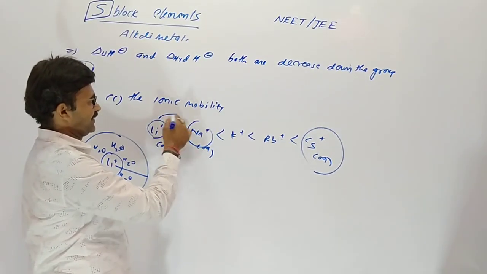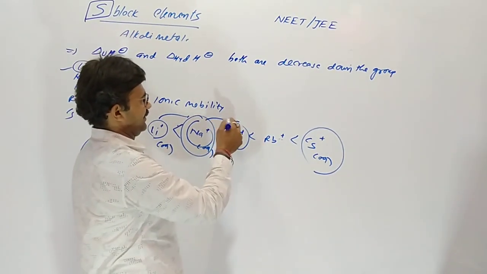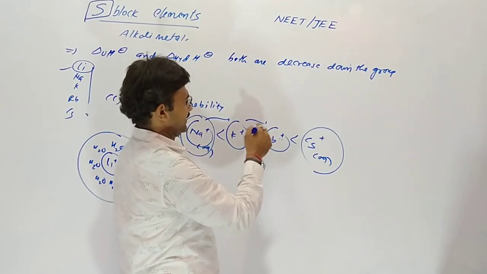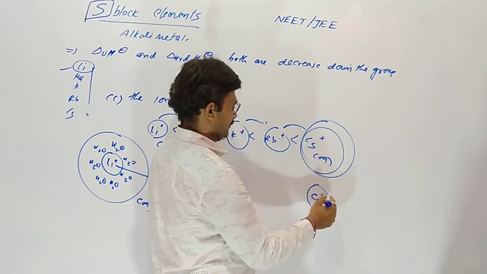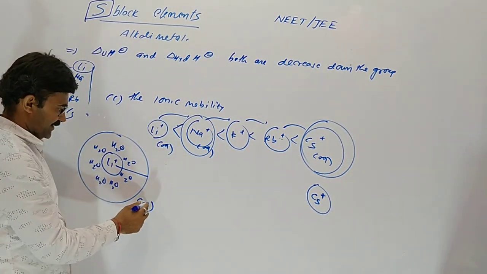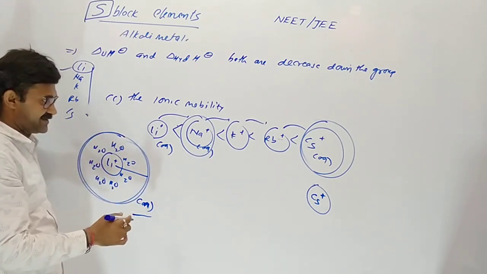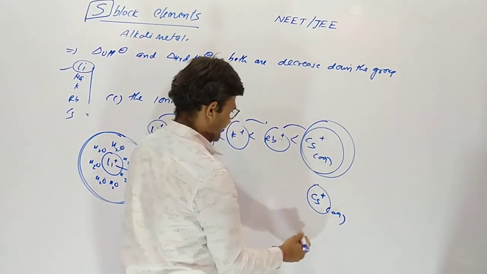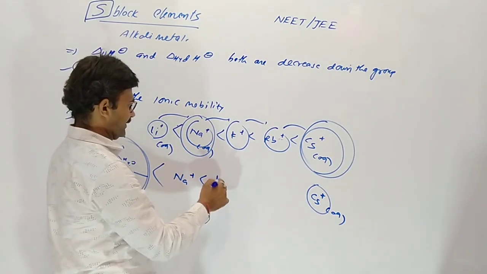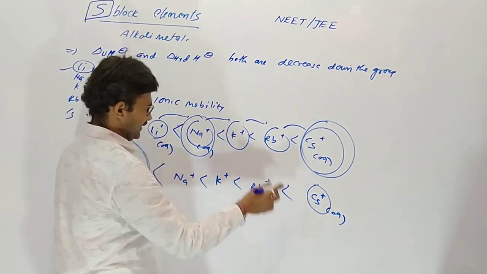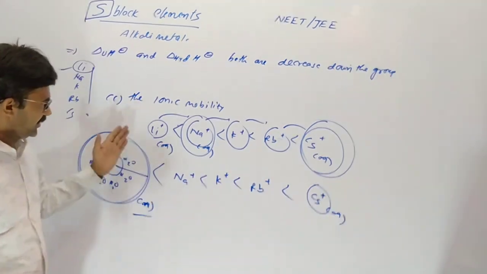Sodium is bigger than lithium, so it has less attraction toward water. Potassium is bigger than sodium, rubidium bigger than potassium, and cesium is the biggest, so it has very little attraction toward water. So in aqueous condition, the lithium ion is big in size, whereas cesium is very small. So mobility increases down the group: lithium, sodium, potassium, rubidium and cesium. Mobility means movement from one place to another.